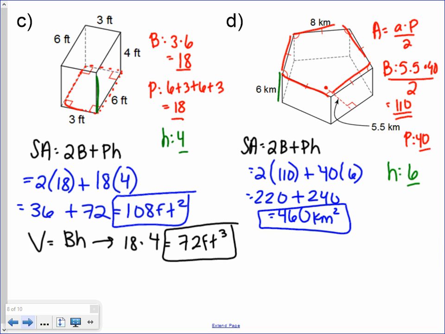And then your volume is just capital B times H. Your capital B was 110. Your height was 6. 110 times 6, 660 kilometers cubed.